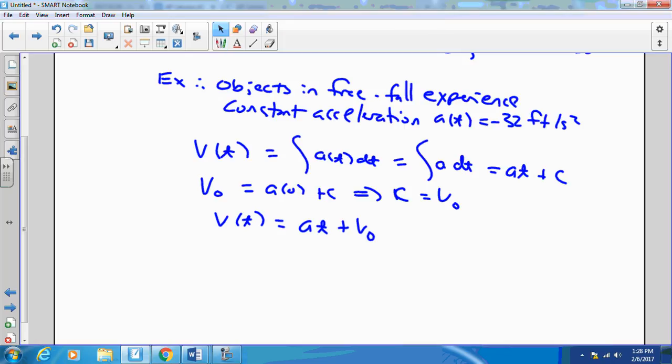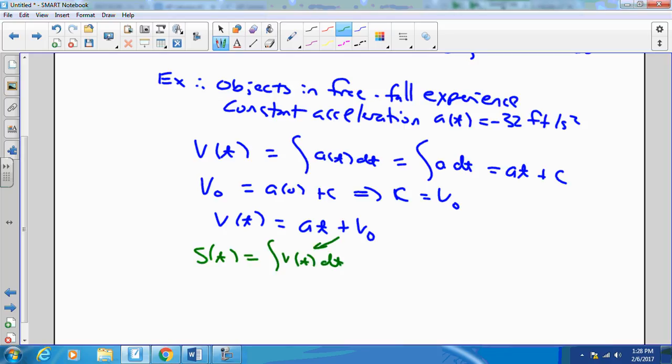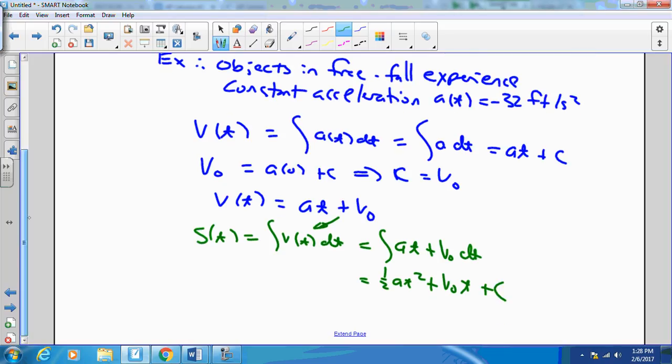Likewise, if I want the position, then the position is going to be the antiderivative of the velocity, and I can substitute my expression for velocity directly in here and go term at a time to get 1/2 at squared plus v0t plus a constant c.